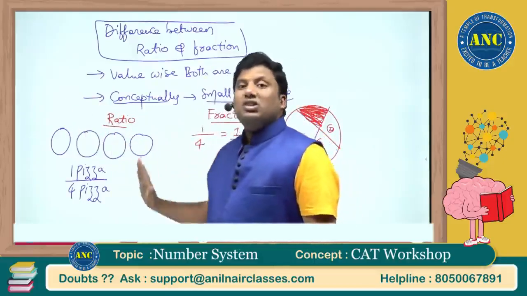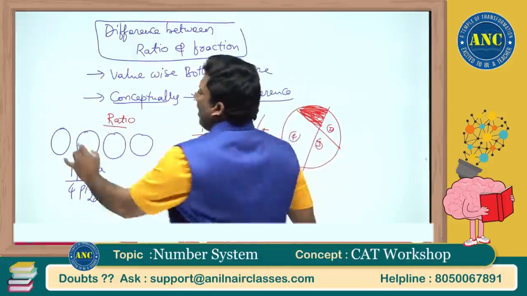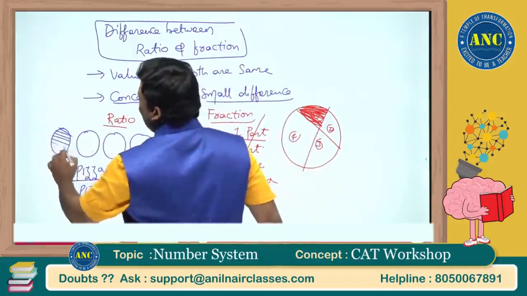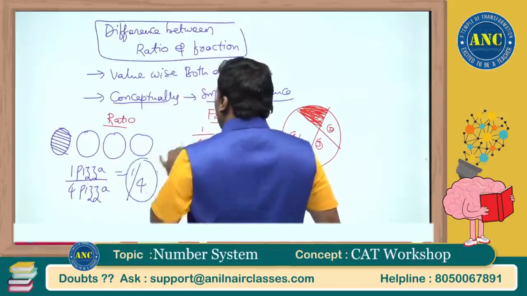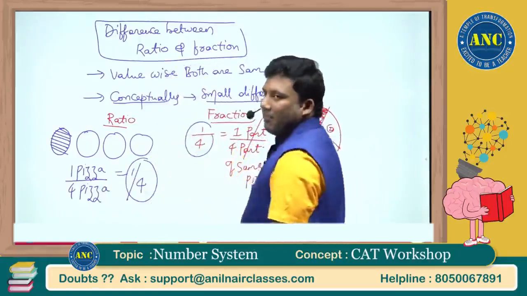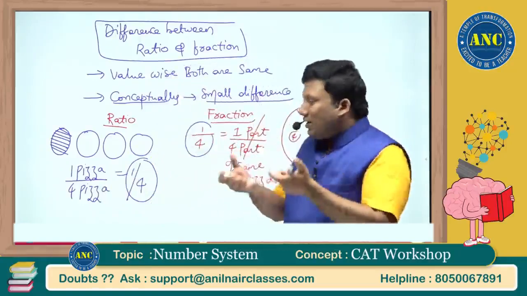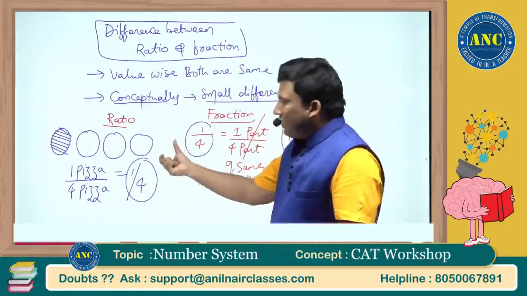How many quantities are you taking? 4 quantities. I need one pizza out of 4 pizzas. The value is 1 by 4. Value wise both are same, but there is a difference, ratio.